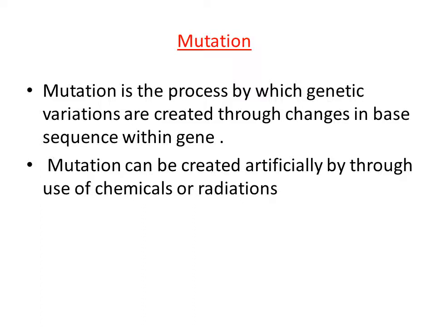right? After the mutation, they search the plants for the desired character. Not all plants obtained after the mutation are desired plants. So they search for the desired plant, and that plant can be used directly as a crop plant in order to raise a better yield.